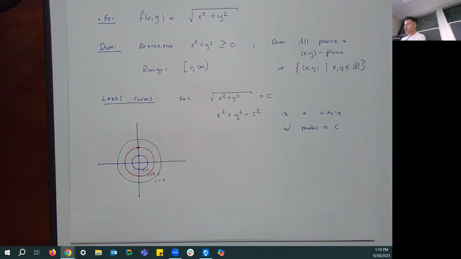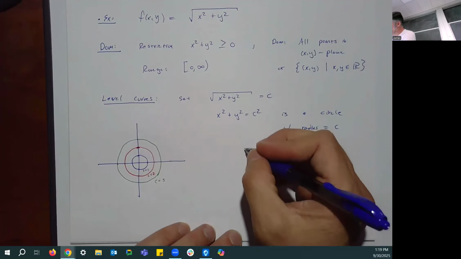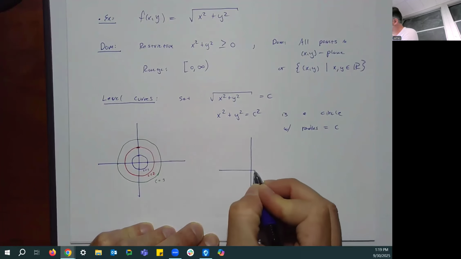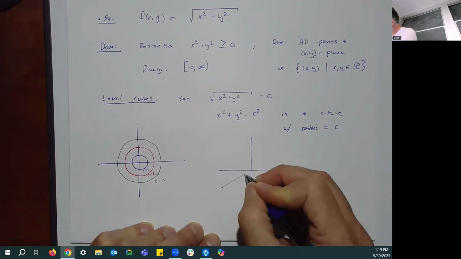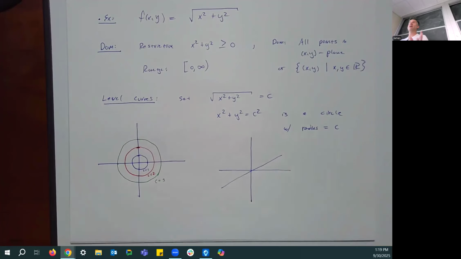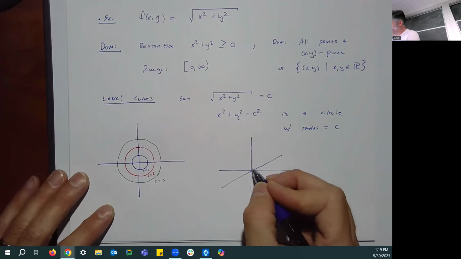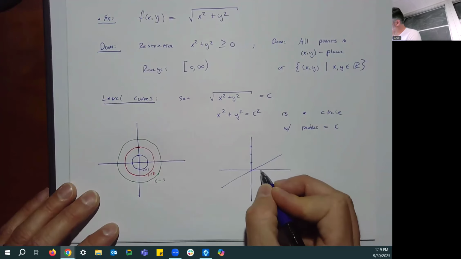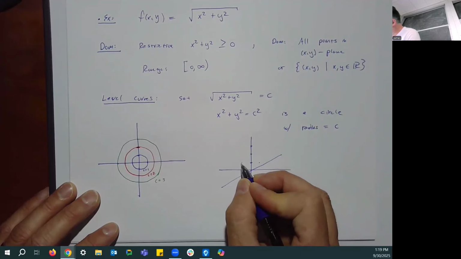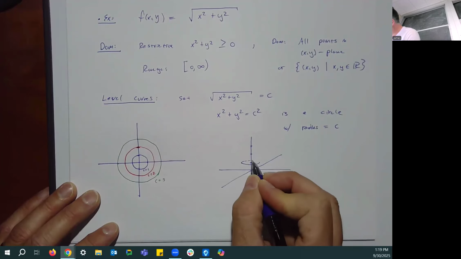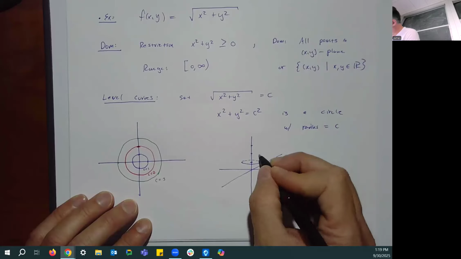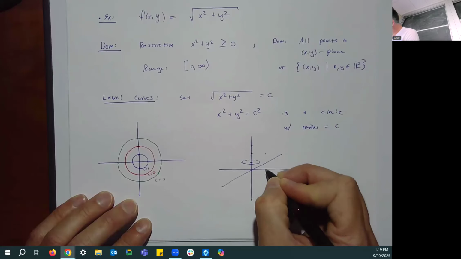So here, if we try to graph this three-dimensionally, things aren't equally spaced out. So if we go up to a height of 1, we're getting that circle of radius 1. If we go up to a height of 2, we're getting that circle of radius 2.